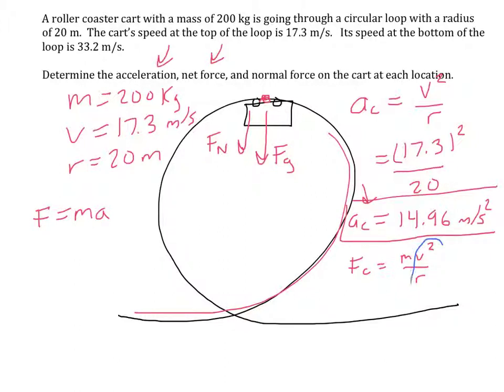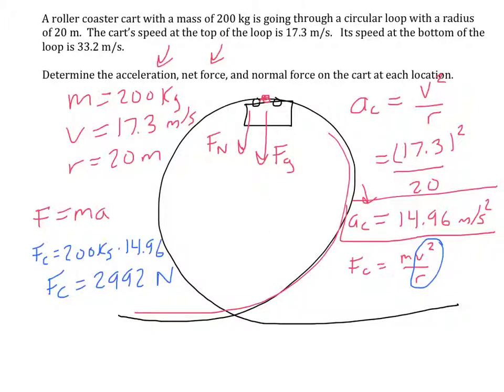So the centripetal force on the cart is 200 kilograms times the acceleration, 14.96. Times 200, I get that the centripetal force is 2992 newtons.